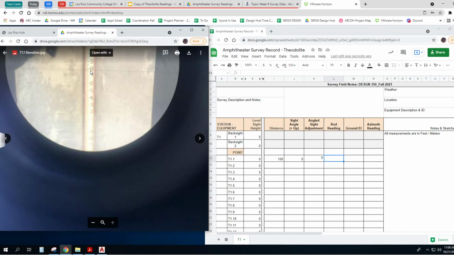Maybe 4.78. And that one was my 0 point. So that means my level height was 7.8. Now I've got my level height.